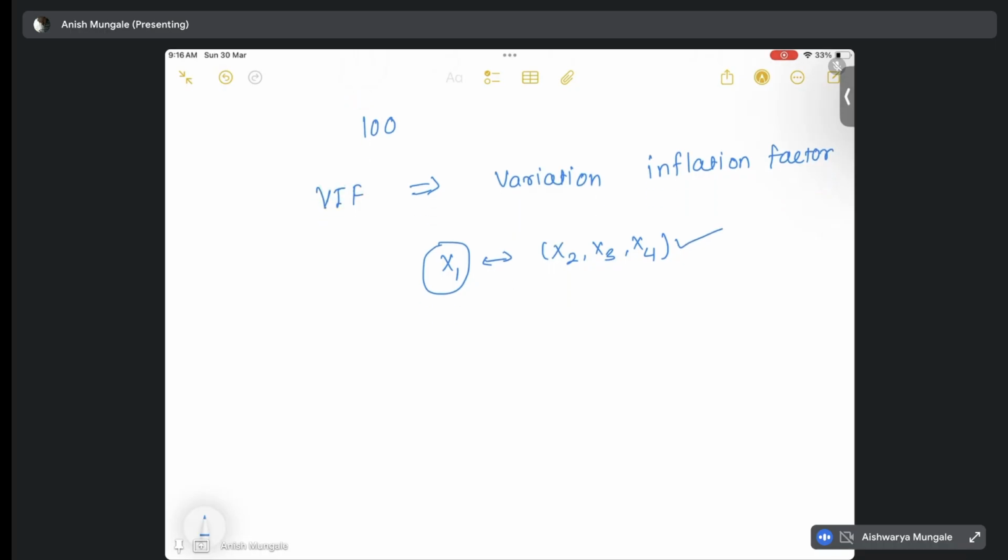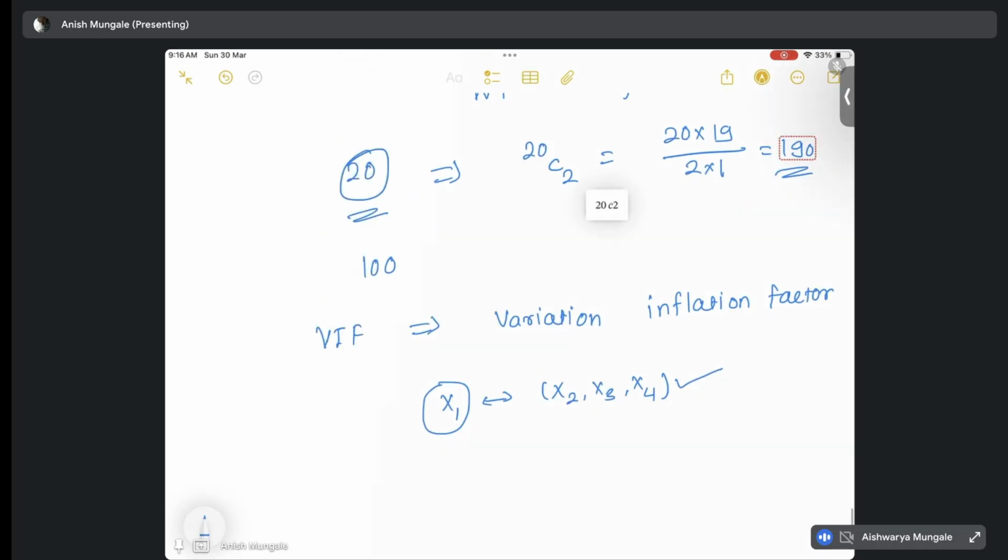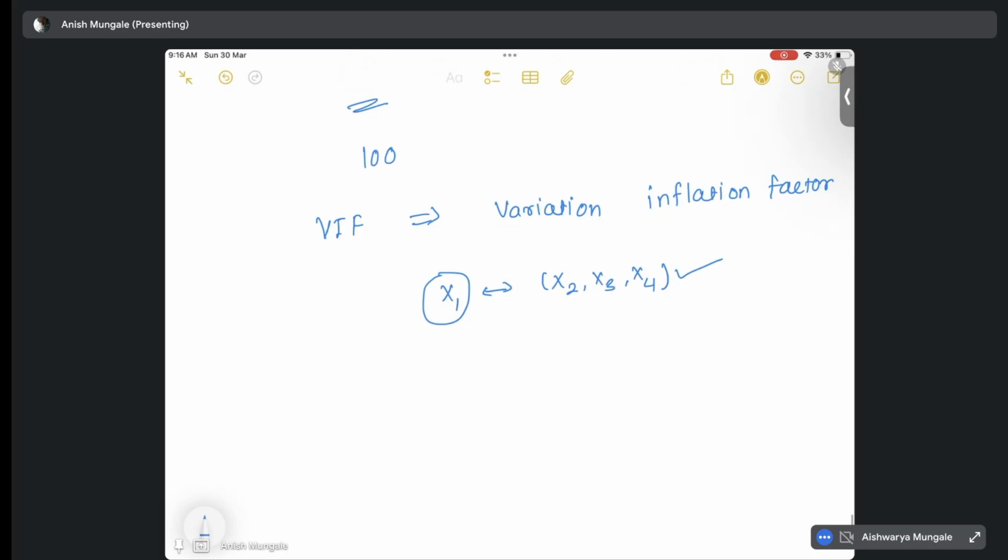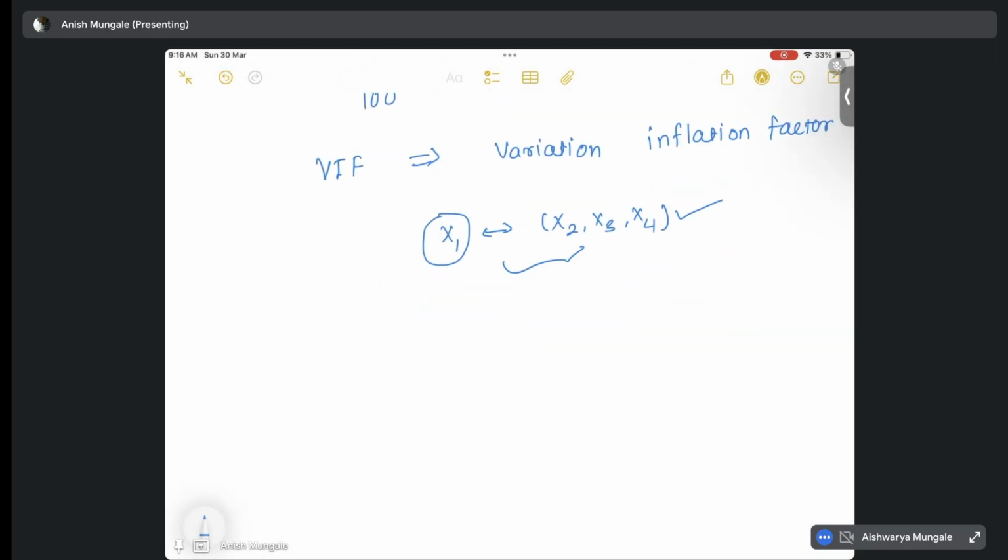If we want to check if there is dependence or not, in order for this to be independent, should this model give a good result or a bad result? Yes, only if it is a bad model can we say that they are independent.